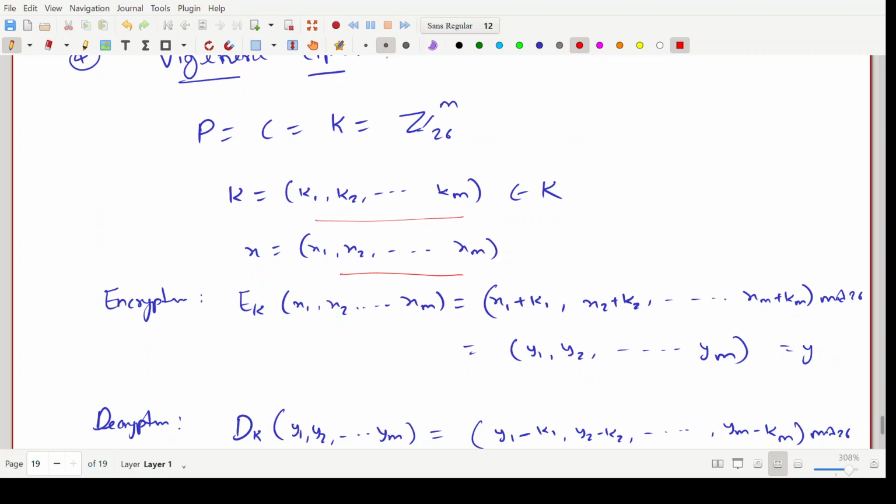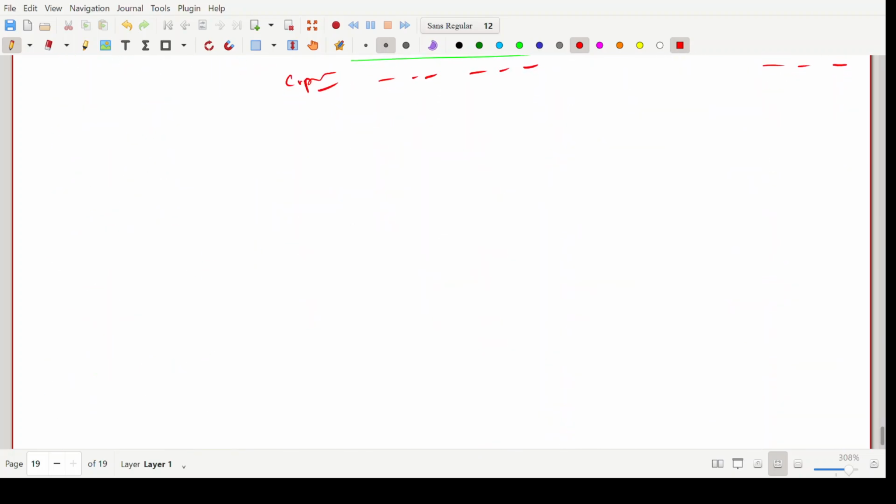Next is Hill cipher. What happens in Hill cipher? Again, your plain text and cipher text is Z26 raised to m. That means I am going to have a tuple of m elements.